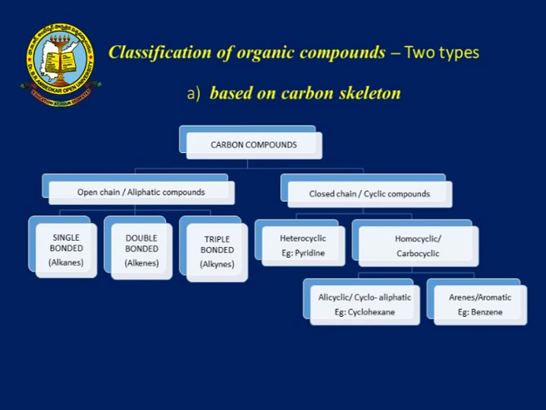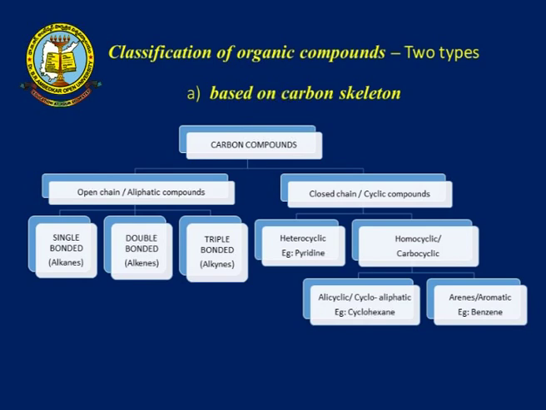Coming to homocyclic, again these are broadly divided into 2 types, that is alicyclic compounds or cycloaliphatic compounds. These are the compounds where you cannot find a systematic arrangement of double and single bonds. Therefore, these are called alicyclic or aliphatic compounds. An example is cyclohexane.